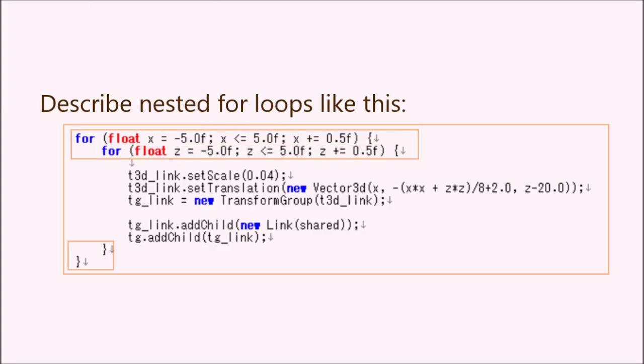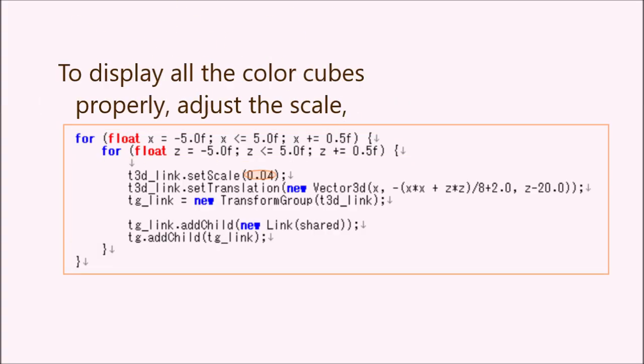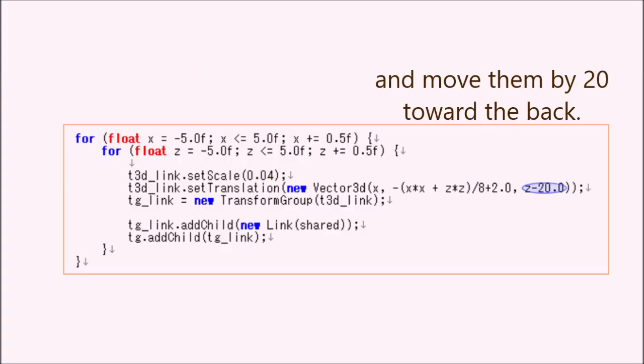Describe nested for loops like this. To display all the color cubes properly, adjust the scale and move them by 20 toward the back.